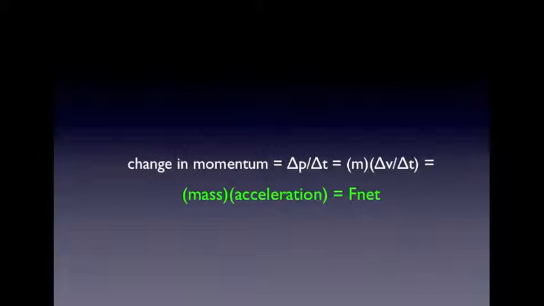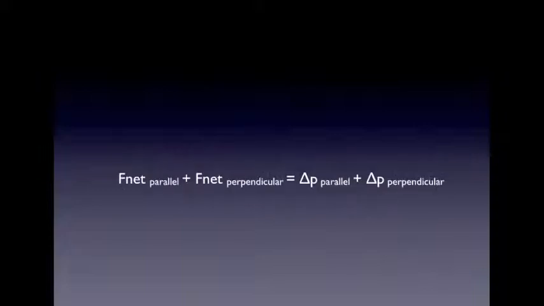Through this law, we can observe the following relationship. F net parallel plus F net perpendicular equals delta p parallel plus delta p perpendicular. Essentially, the perpendicular component of the change in momentum of an object is equal to the perpendicular component of the net force acting on that object.